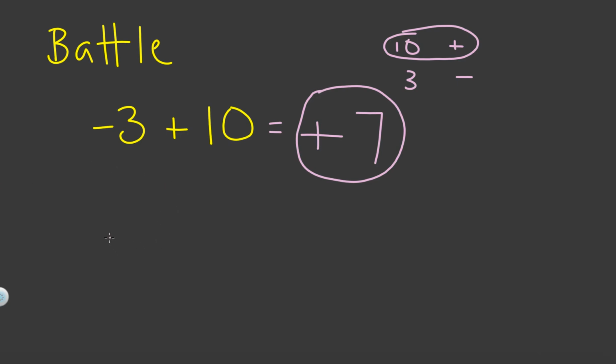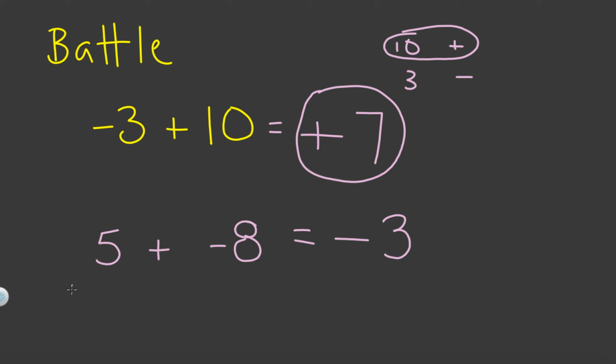Let's try another one. Let's say we've got a 5 plus a negative 8. Again, we've got different signs, so we know it's got to be a battle. Which one's bigger, the 5 or the 8? The 8 is bigger. What that means is that negative wins. And then we subtract. 8 minus 5 would give me 3.